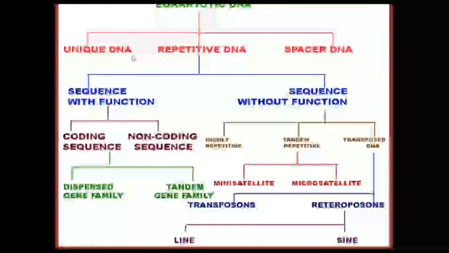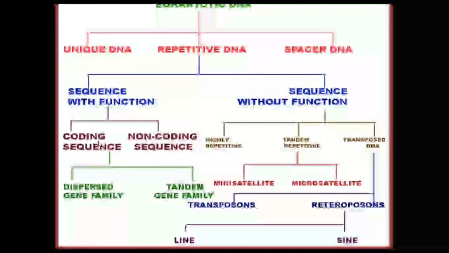This is unique DNA, which is unique in nature, and we have a few unique features mainly due to this unique DNA. Repetitive DNA is again of two types: sequence with function and sequence without function. The functioning sequence is useful for coding, and it is divided into coding sequence and non-coding sequence.